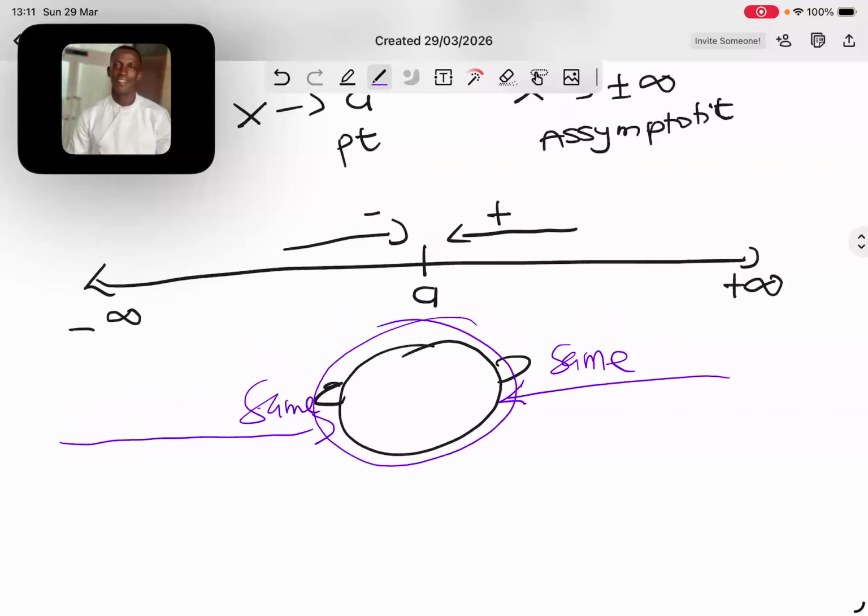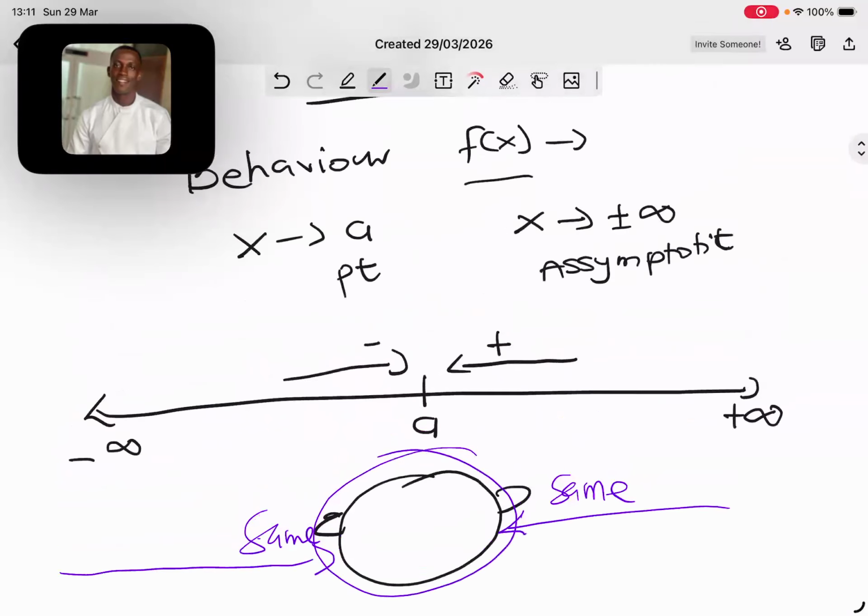The same way we study limits in mathematics. We are looking at the behavior of the function f of x as the independent variable x approaches a certain number. We are looking at two things here. One is when x is approaching a point, and the other is when x is approaching plus or minus infinity. This part here, we'll look at later on.